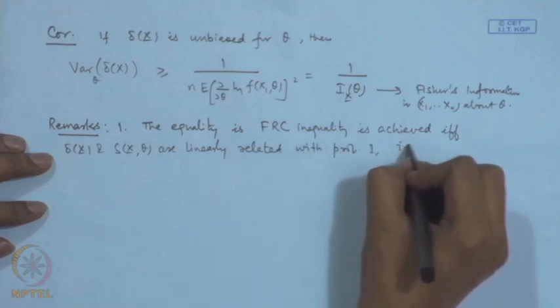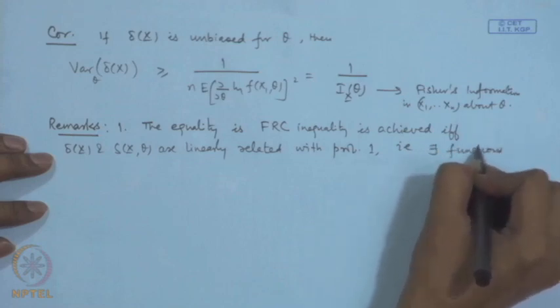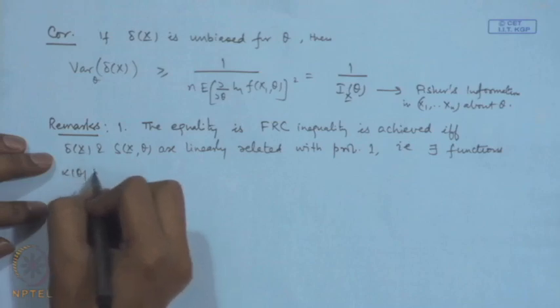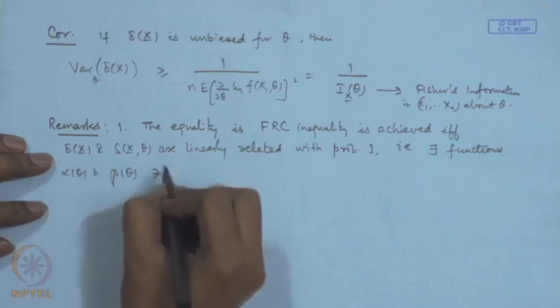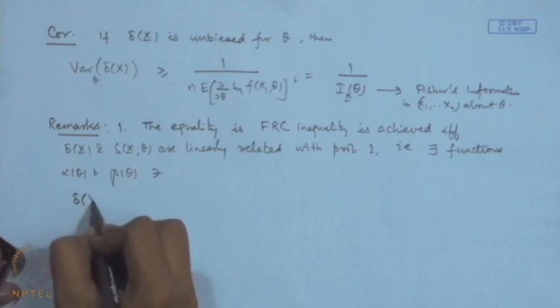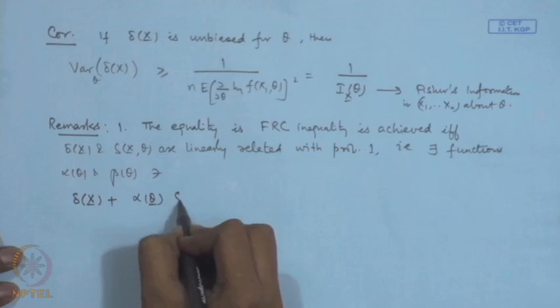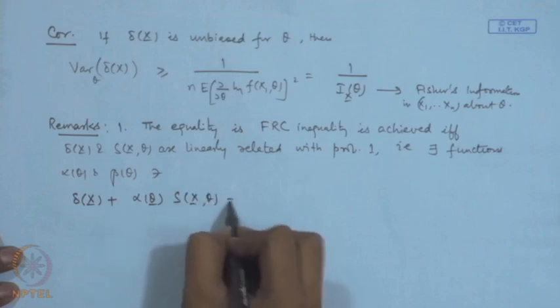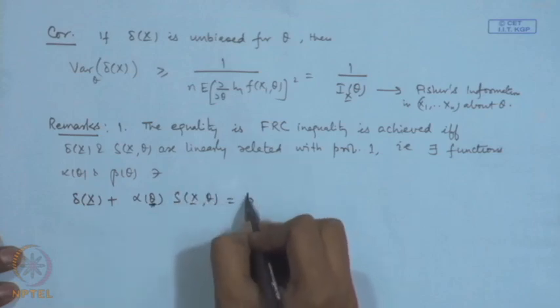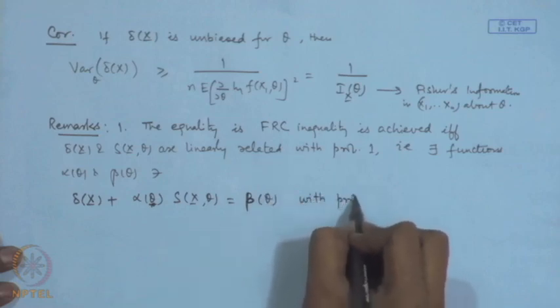That is, there exist functions say alpha theta and say beta theta such that delta x plus alpha theta S x theta is equal to beta theta with probability 1.